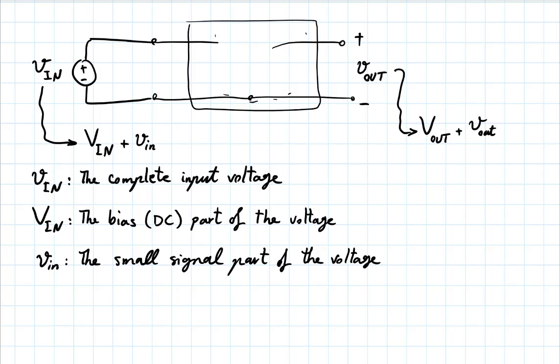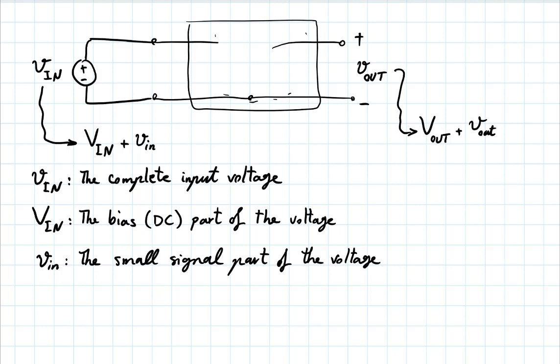And at the output, it is described, again, decomposed into two parts that are added up. One part is the bias point, or the constant component. That's the result of the bias at the input.